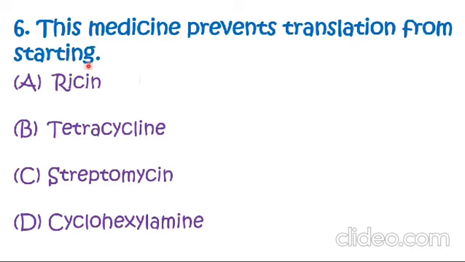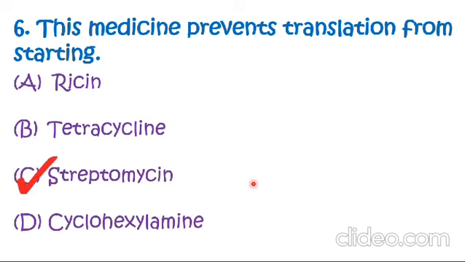Question number 6 says: this medicine prevents translation from starting. Options are: A, ricin; B, tetracycline; C, streptomycin; D, cycloheximide. So our correct option over here is option C, streptomycin.